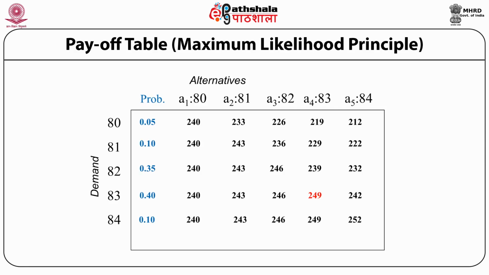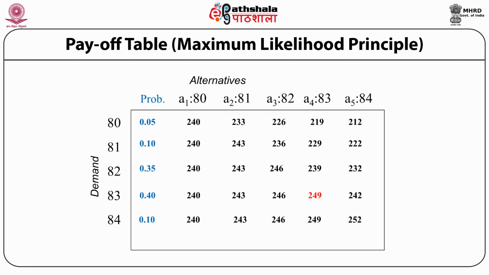Now we will evaluate every alternative course of action against this probability value. For alternative A1, the payoff corresponding to this probability value is 240. For strategy A2, the payoff is 243.